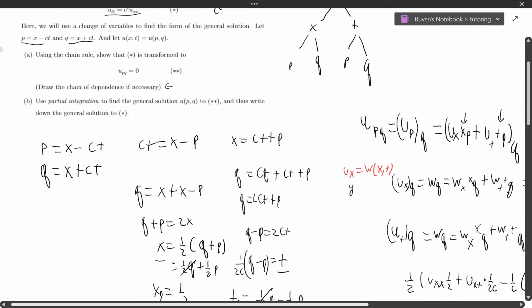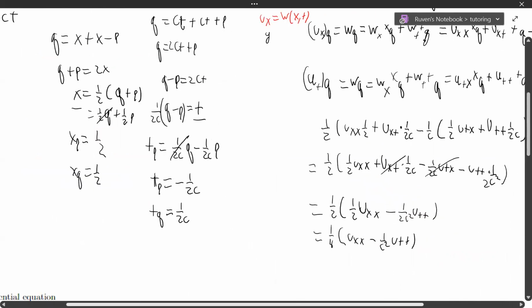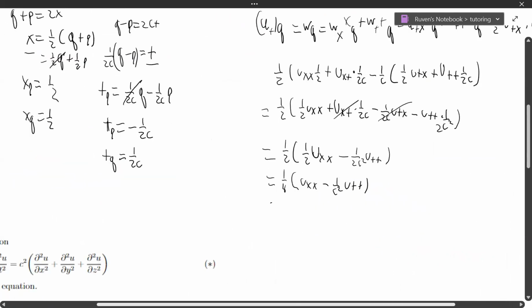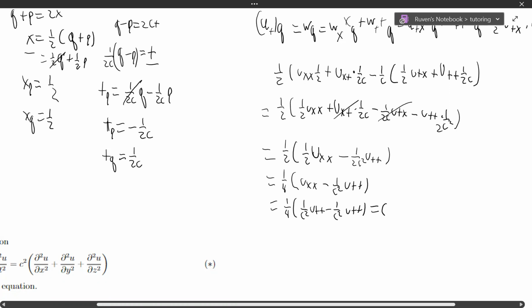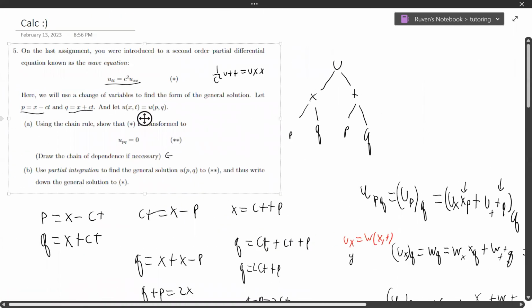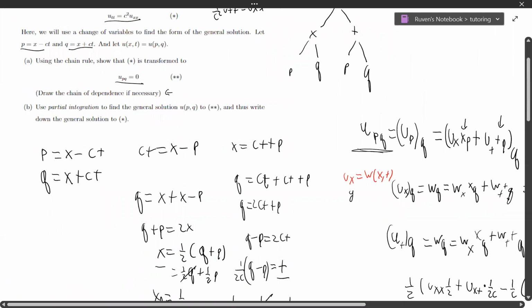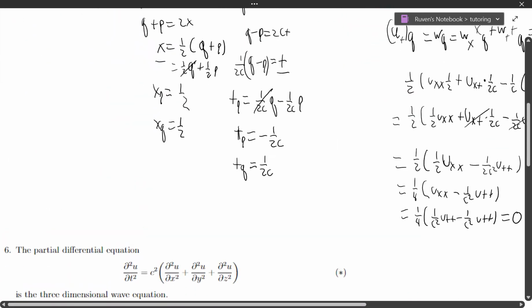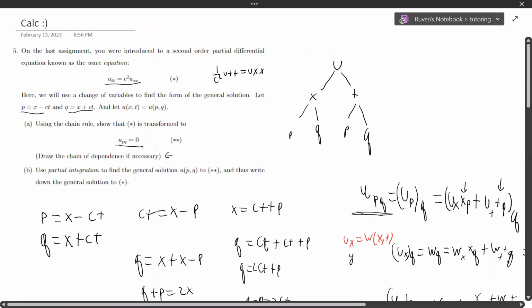And so if we just replace uxx with 1/4 of 1 over c squared utt minus 1 over c squared utt, this will just become 0. And that is actually what we were trying to show over here, that UPQ, because remember, all of this is just UPQ, we were going down and wanted to prove it's 0. So that's what we just did.